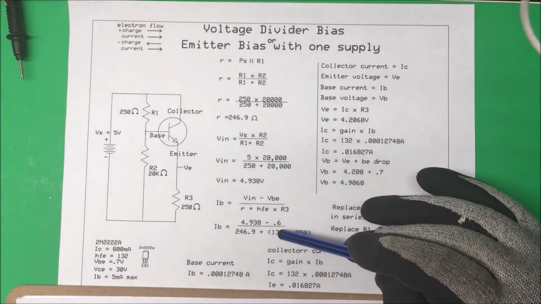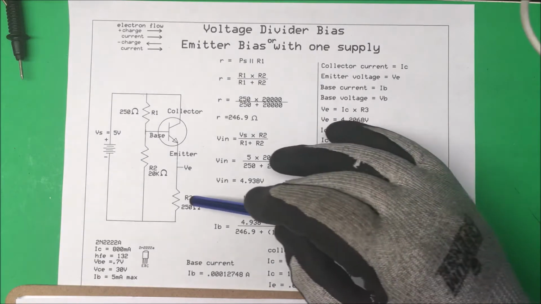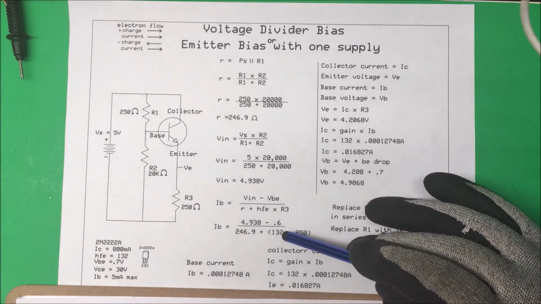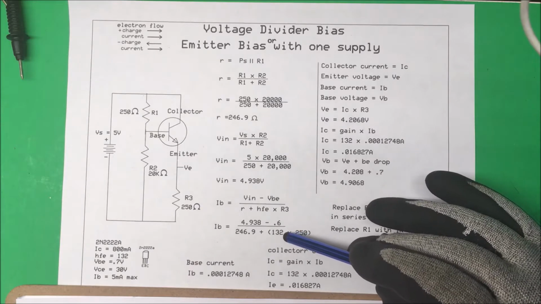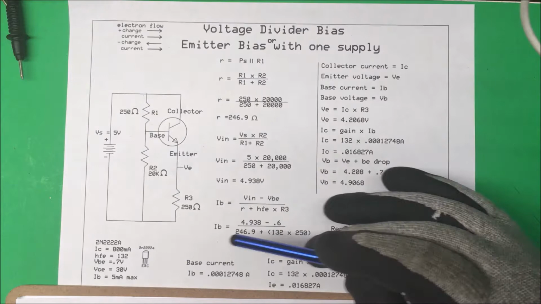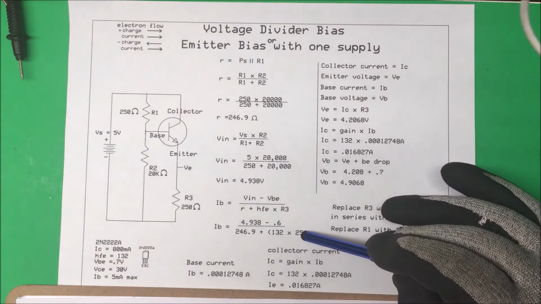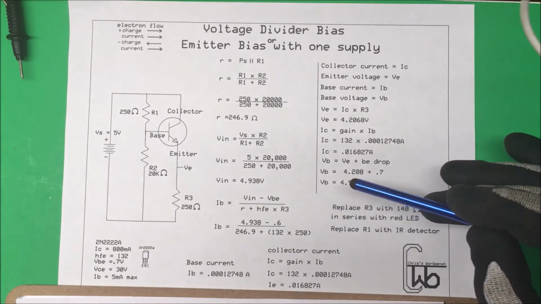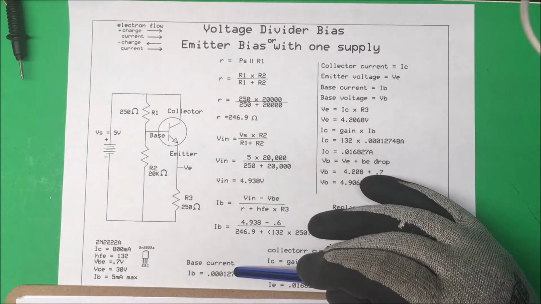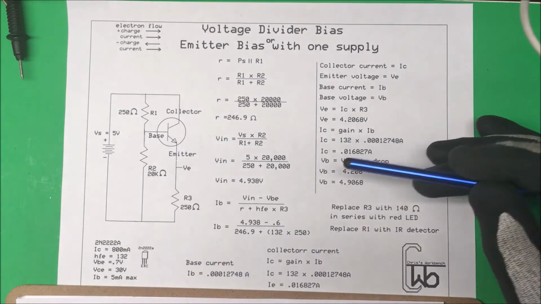And then we add our emitter resistance times the beta of the transistor, the gain on the transistor. So in this particular case, it's 132 times our 250 ohms. And if we calculate that out, it comes out to 127 microamps on the base.